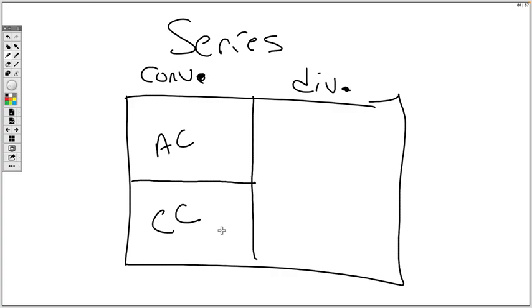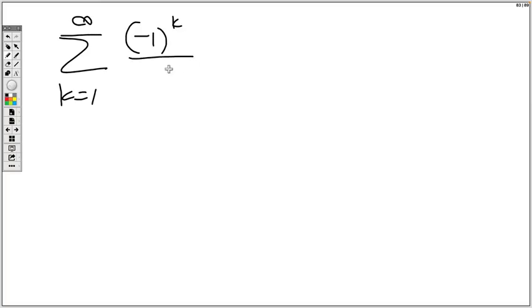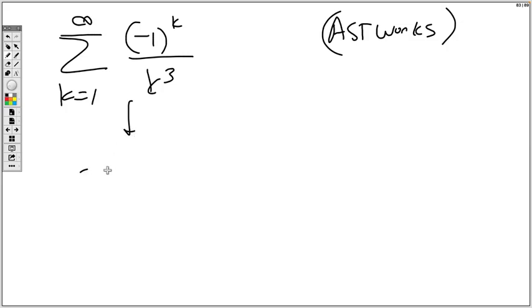So the absolute convergence theorem really helps when you have series like, for example, let's look at the series k goes from 1 to infinity of -1 to the k over k cubed. Could you use the alternating series test on this? Yeah, it would work. AST works. But you could also try absolute convergence.